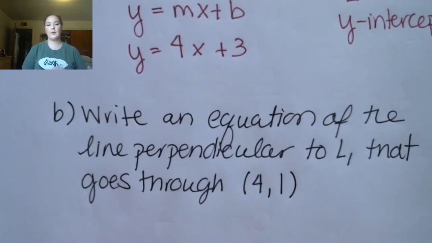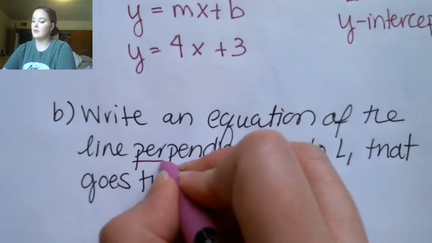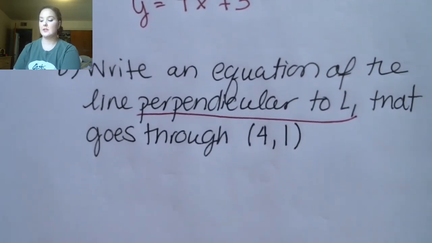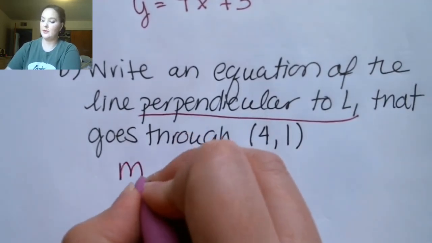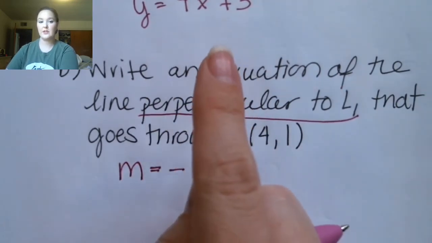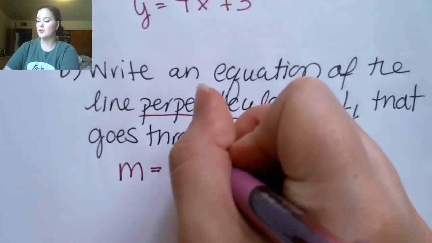Now we're going to write an equation of the line perpendicular to L1 that goes through 4, 1. Now we're saying it's perpendicular, so that means the slope is going to be opposite reciprocal. Opposite, the previous slope was positive, this one is negative. Reciprocal, 4 goes to 1/4.